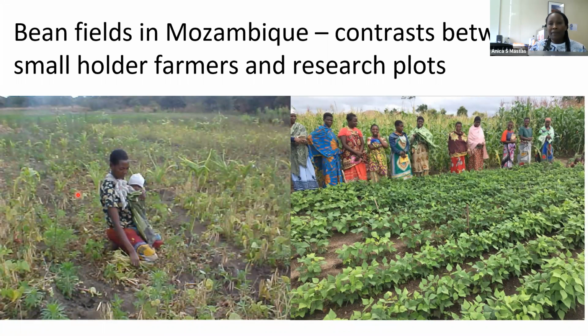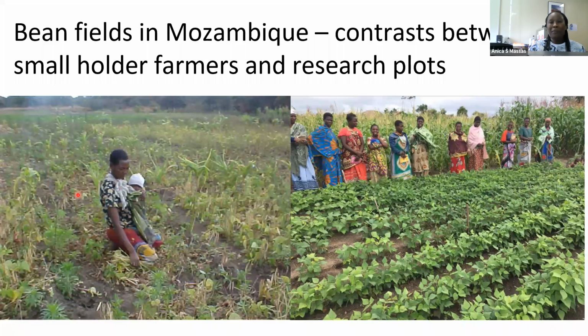On the left and the right side, the women were invited to come to the research station, and they have plots there. The extensionist or the researcher helps or teaches the women how to keep the fields clean and how beans grow, giving all the teaching to the women, because they know that most of them are in the field or work in the field, for them to increase their production.